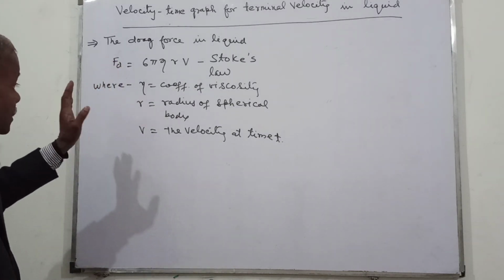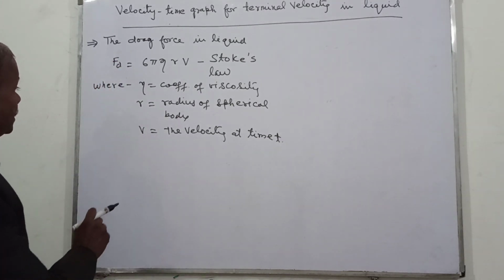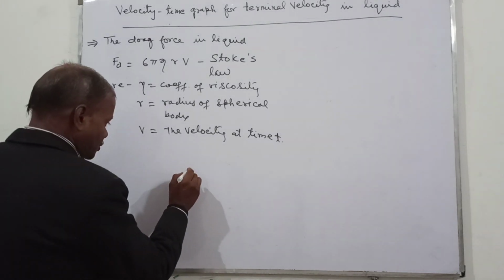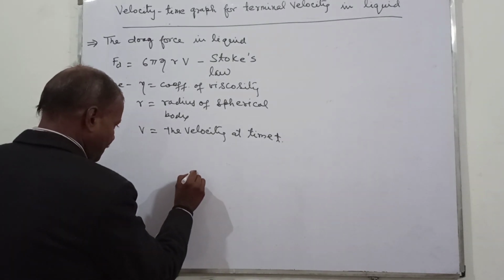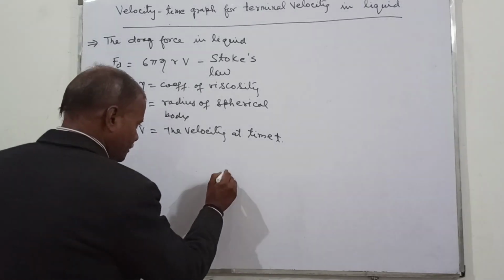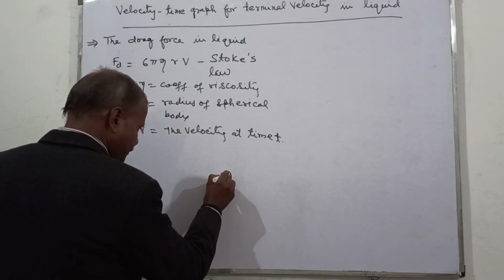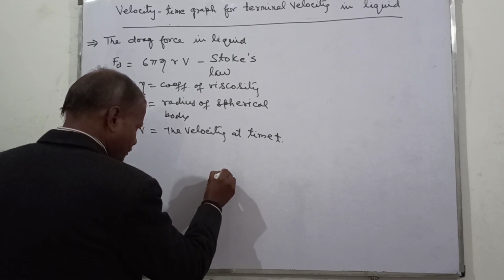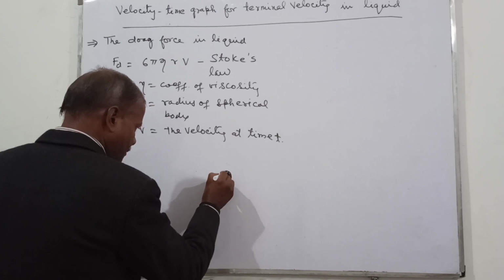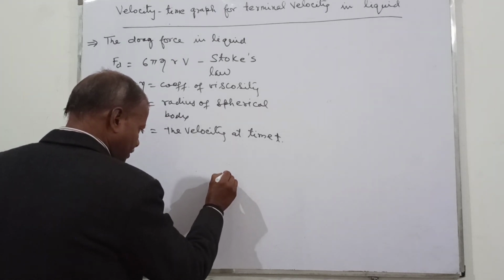So I show you this by this. Suppose this is the body, a spherical body, falling vertically downward.